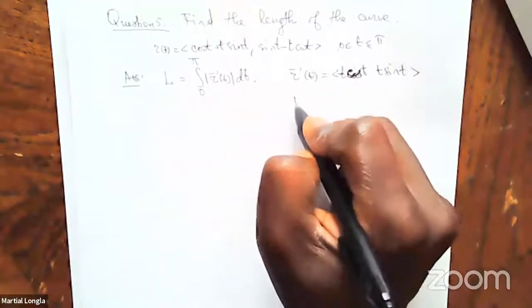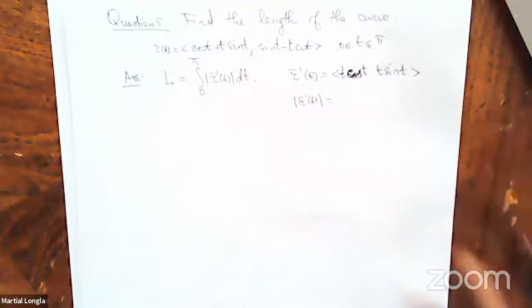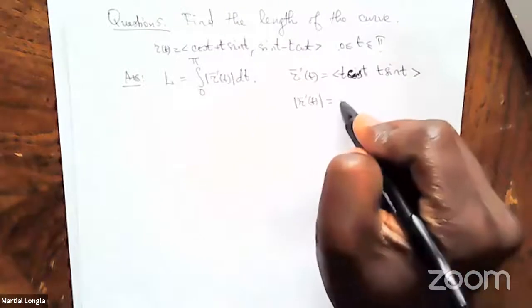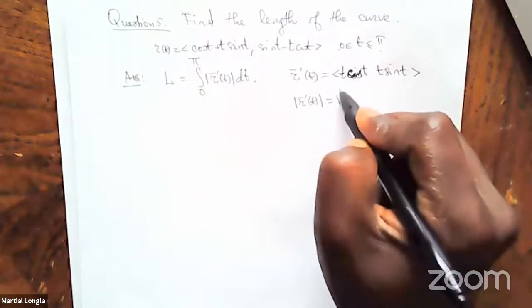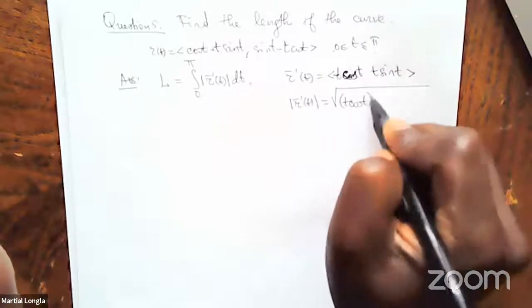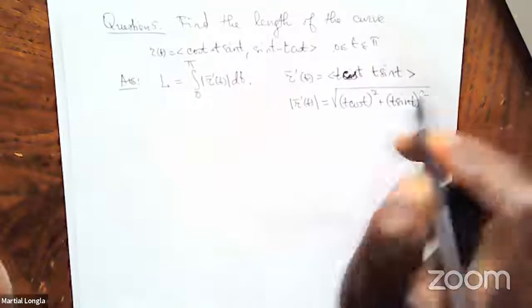And then you find the magnitude of r prime, for which you get credit as well. But if you don't take time to compute that separately, I don't see how to give you partial credit if you got nothing correct. So this is going to be the square root of (t cosine t) squared plus (t sine t) squared.